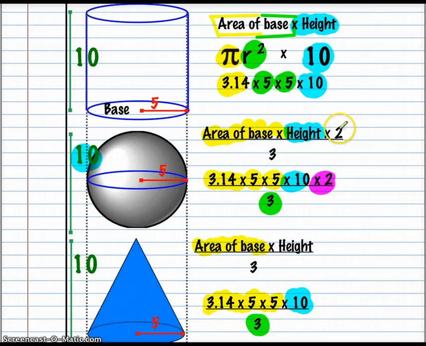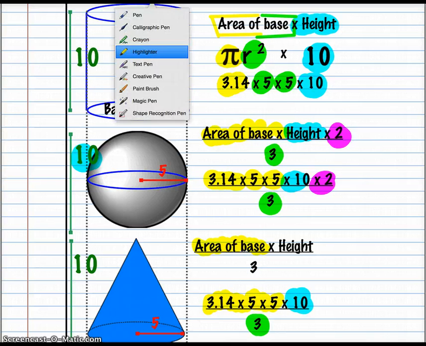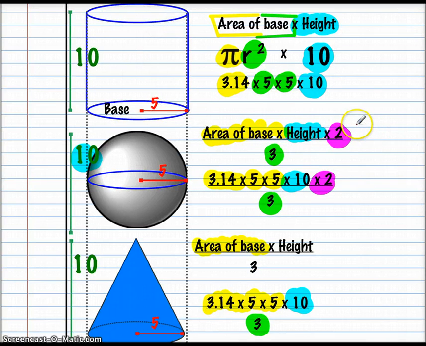So you're going to need to know this equation for cones and this equation down here for spheres. Spheres, let's write that down. This is a sphere, and this down here is a cone. Okay, 2 cones equal 1 sphere.